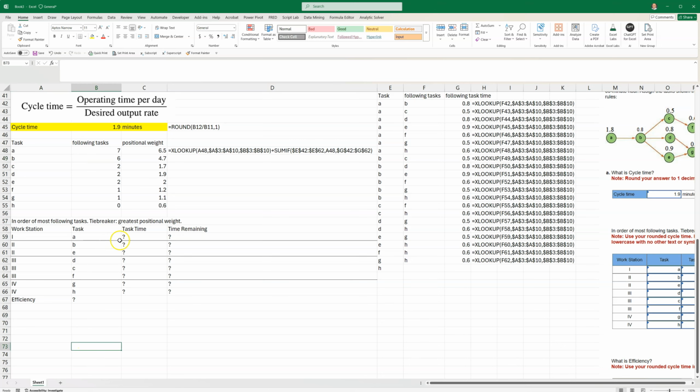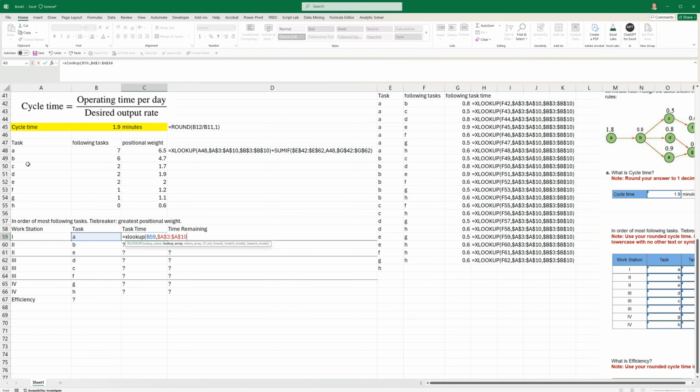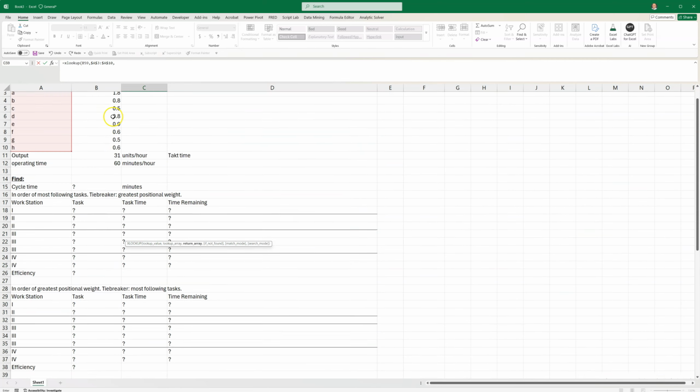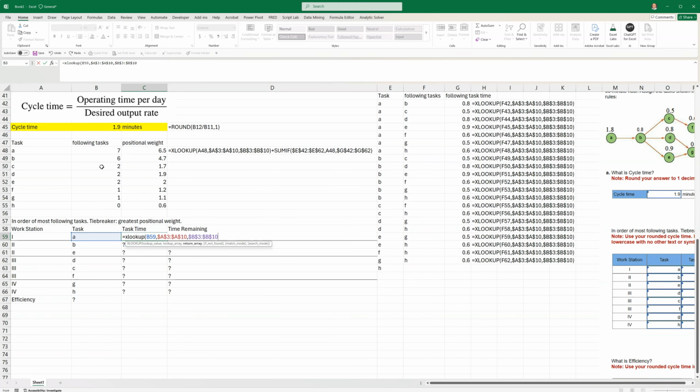Okay? So then we can put the task time in here again. So I'm going to go equals XLOOKUP, and we want to look up this value, comma, and where do we want to look it up? We want to look at here, and we're going to press F4 because I don't want it to move when I copy it. And again, we want to return these times, F4.